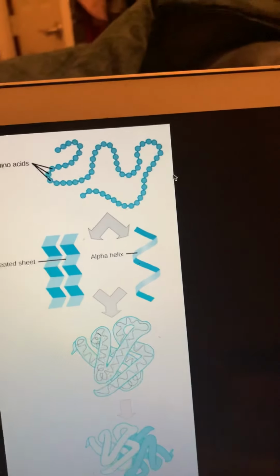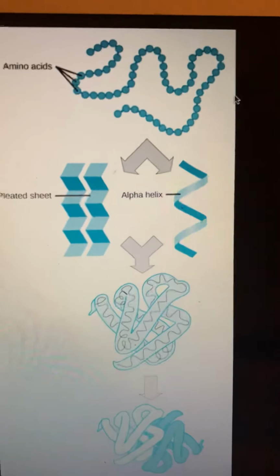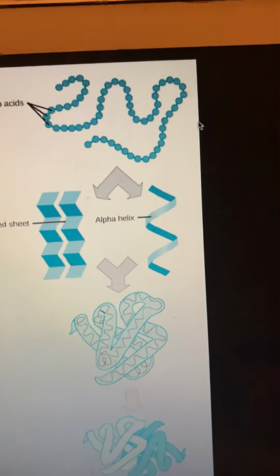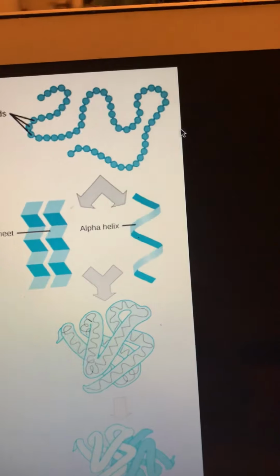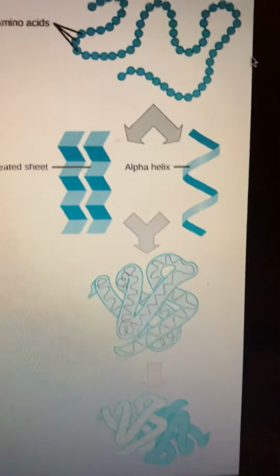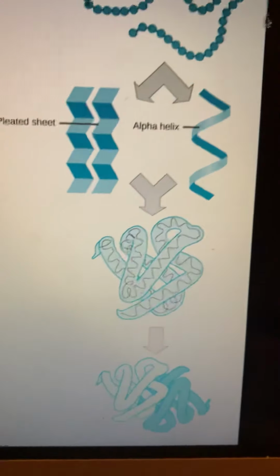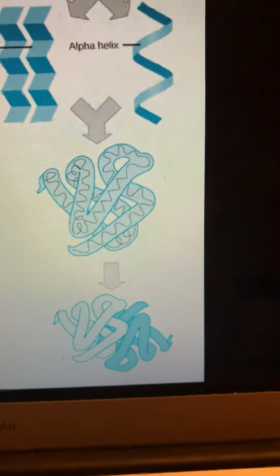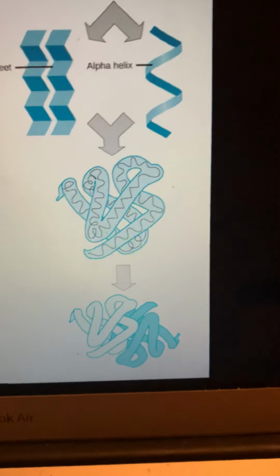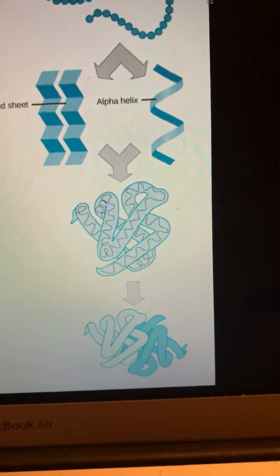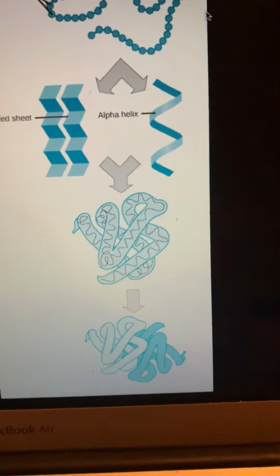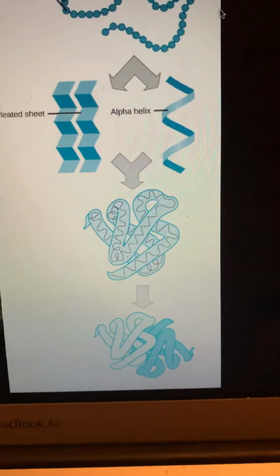Additional interactions between the varying side chains will determine the tertiary structure, which is the three-dimensional structure. And lastly, more elaborate proteins like hemoglobin combine multiple subunits to form a final quaternary structure, which is down here.